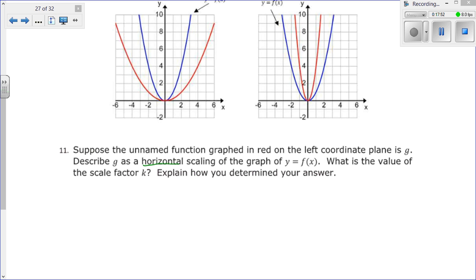Well, this time we have to go horizontally. So I know that we can go up to 4 here. It's a little bit easier to see. This distance here is 2. And then this distance from here to here is 4.